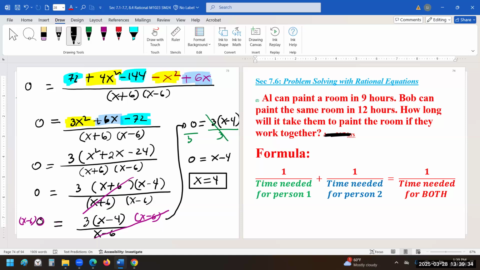If you add all of them, the result is 1 over how long it takes if they work together. So the sum of their individual times as fractions equals 1 over the time together. That's all you have to remember. And one of these questions will be in the final.